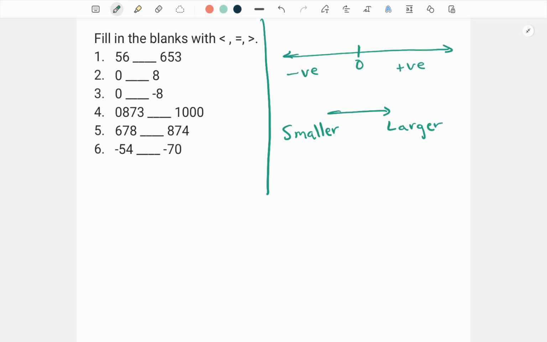So the way I like to remember this is that if two numbers are present on the real number line, and one is on the left of the other, then this less than relation is the relation that defines which number is on the left and which number is on the right. So suppose I am given two numbers here, 7 and 8. Let's say 7 is here and 8 is here.